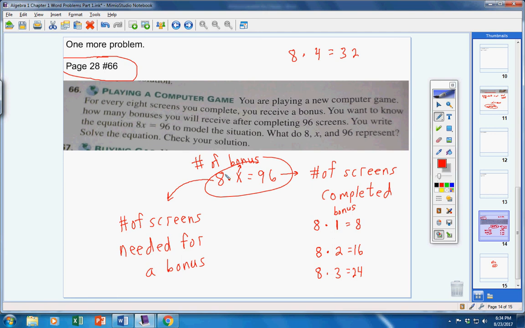Number of bonuses. So when I solve this equation, I'm saying that I have 12 bonuses. So here, we're learning to look at a model, a situation, an equation, and understand what each part of the equation stands for.